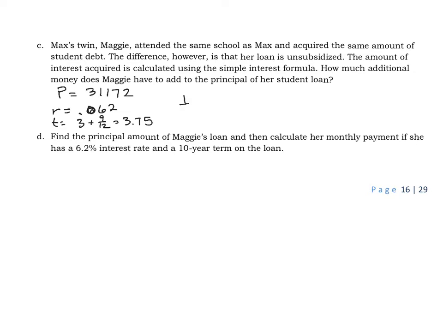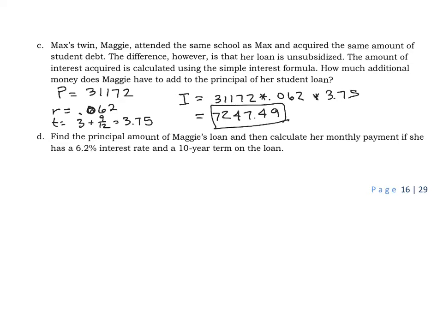So remember from our junior high days, interest equals principal times rate times time in years. Okay? And so Maggie's having to pay $7,247.49. And this will be added to the principal.